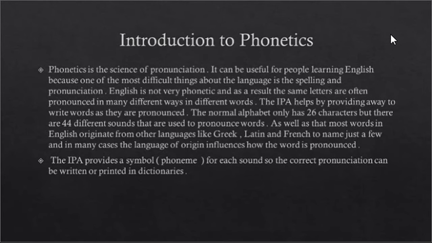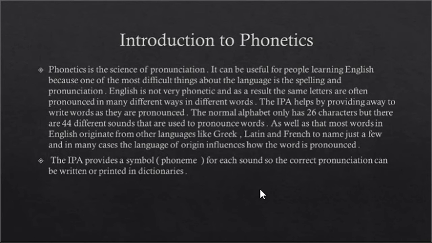phonetics. And phonetics, as we have discussed in earlier slides, is the science of pronunciation. English is not very phonetic, and as a result, the same letters are often pronounced in many different ways in different words, as we discussed in the earlier slide with the example of chemistry and chair.